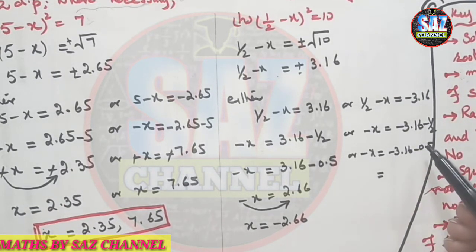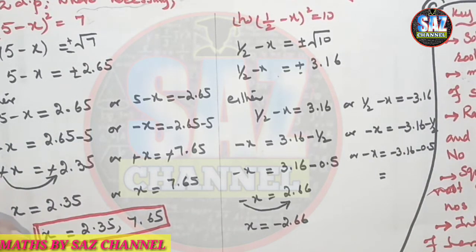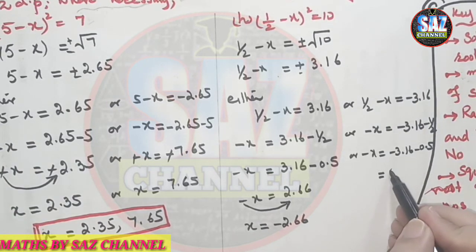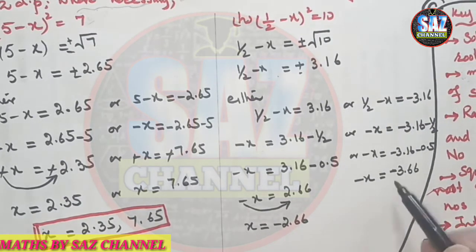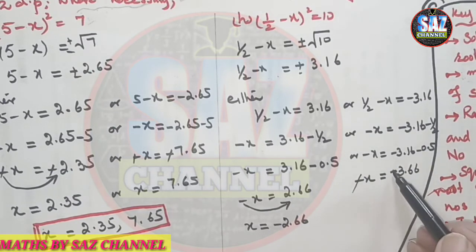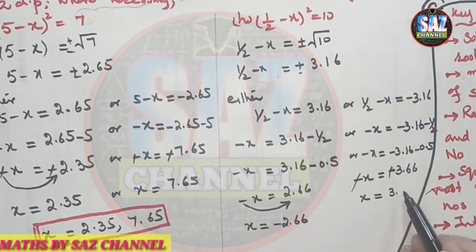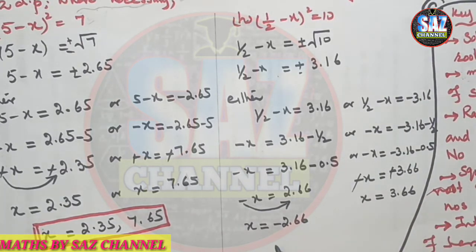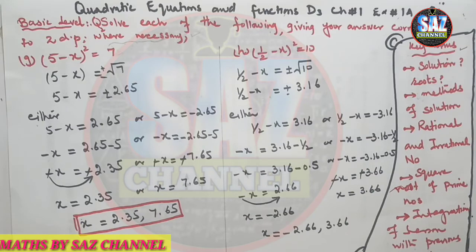Now as 3.16 and 0.5 both have the same sign, I have to add the numbers. 3.16 plus 0.5 will give me 3.66 for minus x. As we have the minus sign on both sides of the equation, we can cancel them because we need the value of the variable positive. So x will be equal to 3.66. So the two solutions or roots of this equation are x equals minus 2.66 and 3.66. I hope you are clear about this question.